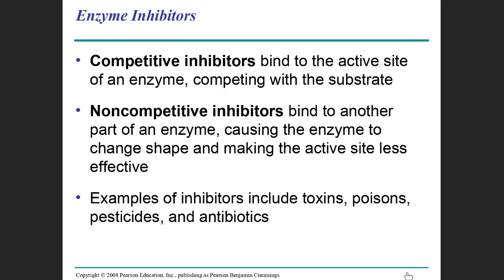Non-competitive inhibitors do not compete with the substrate for binding to the active site. What happens in non-competitive inhibition is there's an alternate binding site on the enzyme called the allosteric site. And when the non-competitive inhibitor binds to the allosteric site, it changes the shape of the enzyme, which changes the shape of the active site, so it can no longer bind to its substrate.